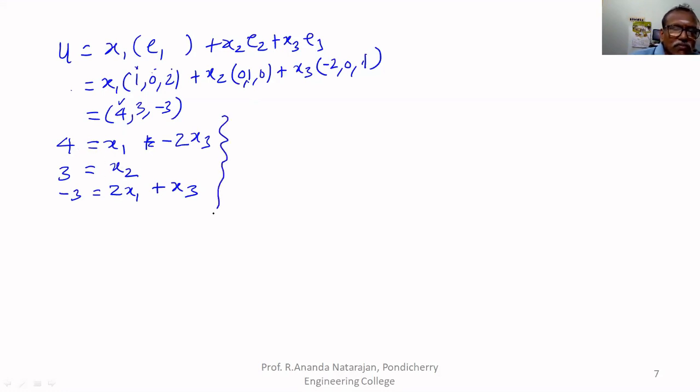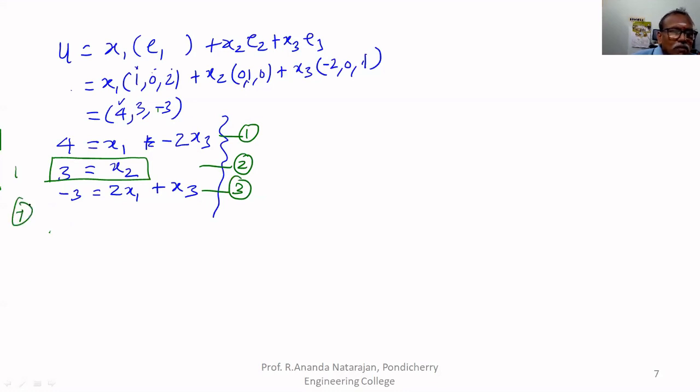From this, what we got is x2 equal to 3. Now these two are in terms of x1, x3. Let it be equations 1, 2 and 3. Multiply equation 1 by 2. You will get 8 equal to 2x1 minus 4x3.